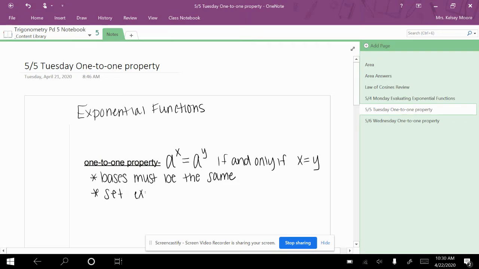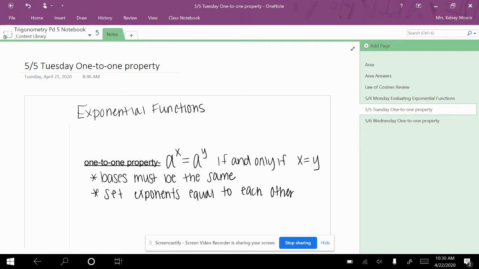So set exponents equal. Then what you're going to do is solve the equation for x.